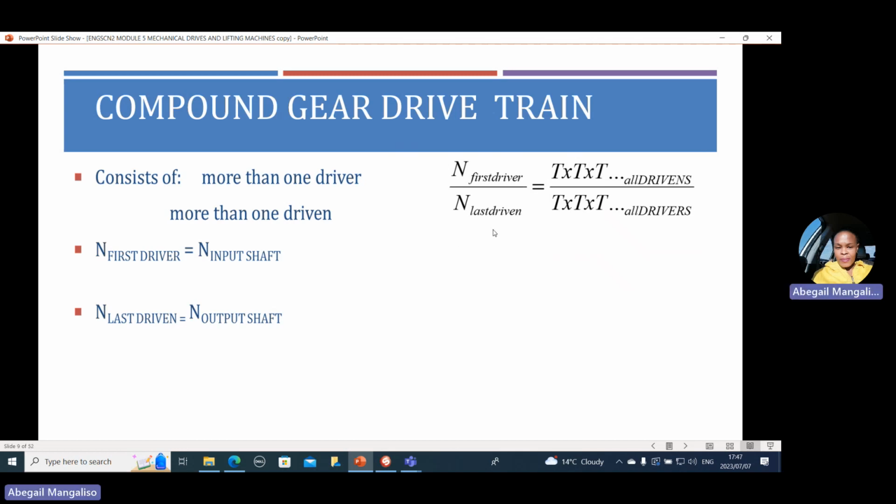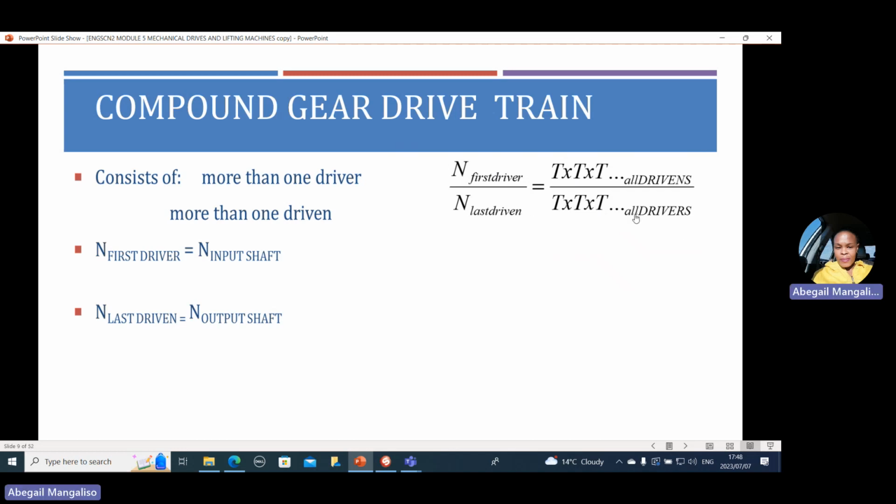So if it's a compound, velocity ratio is still the input over output, the first driver over the last driven. If you want to calculate velocity ratio using the number of teeth, it is the product of all the driven gears divided by the product of all the driver gears.